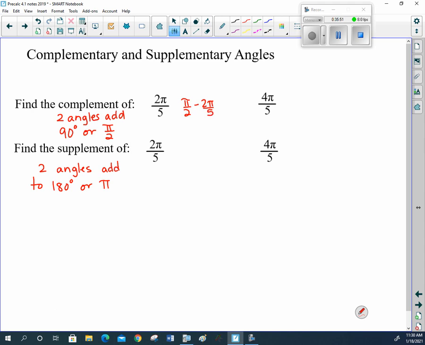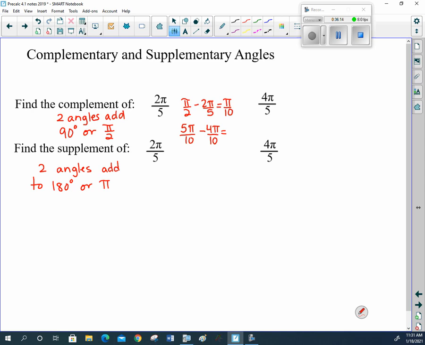So we need a common denominator, which is going to be 10. So this is going to be 5 pi over 10 minus 4 pi over 10. So the answer turns out to be pi over 10. So the complement of this one is pi over 10.